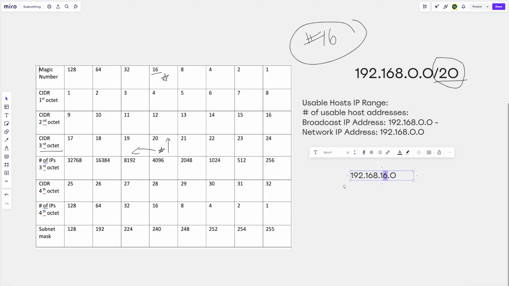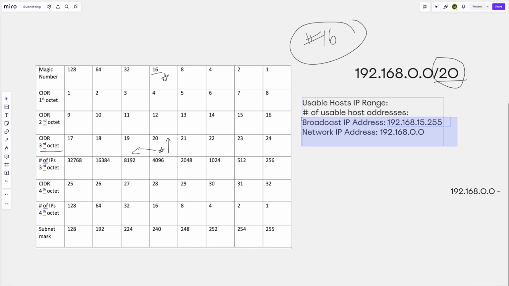Then we subtracted 1, and that turned into our broadcast IP address, because the broadcast IP address is the last IP address in our network range. So let's write that there: 192.168.15.255. That's our broadcast IP address.